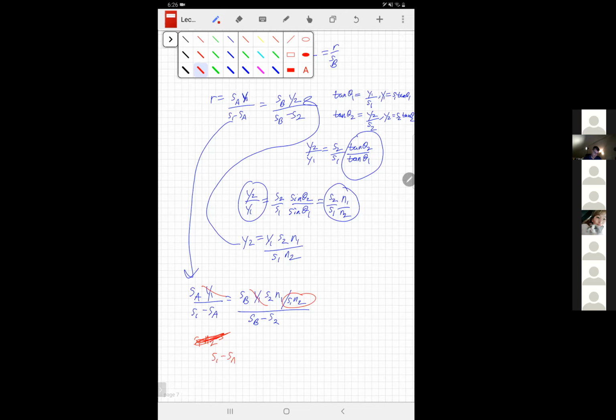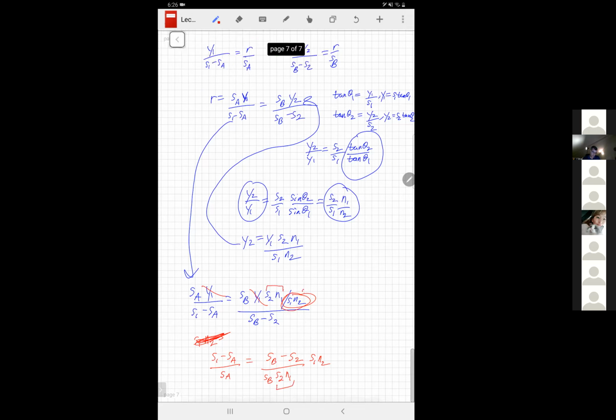S1 minus SA over SA equals SB minus S2 over SB, S2 N1, and S1 N2 up there, because S1 N2 was in this denominator. When we flip it, it goes into the numerator. This was in the numerator, now it's in the denominator.